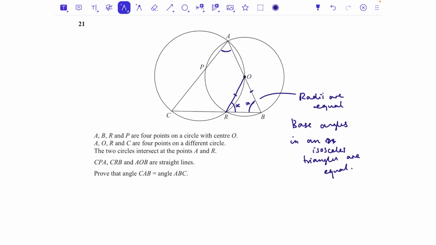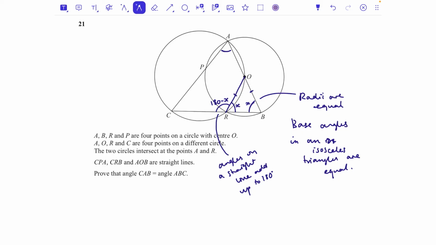Great. So now, using the fact that this is a straight line here, I know that this angle would be 180 take away X. And that's using the fact that angles on a straight line add up to 180 degrees.